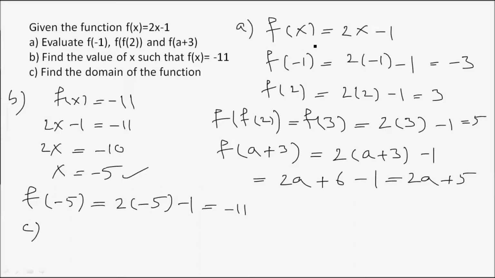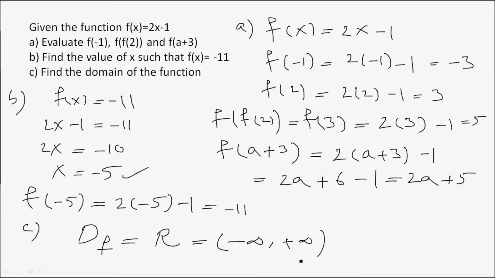So if you look at function f of x equals 2x minus 1, there is no real value that you cannot plug in here. You can plug in negative values, you can plug in 0, you can plug in positive values. So all real values can be used as input to this function. This means the domain of this function is all the real numbers, or r, which can also be represented as an interval from negative infinity to positive infinity.